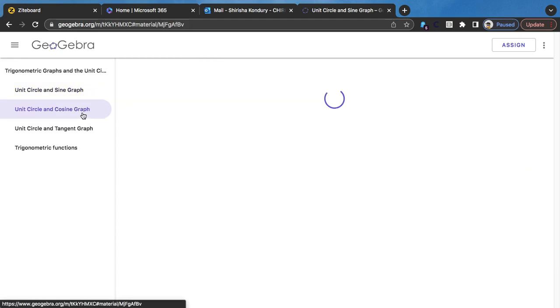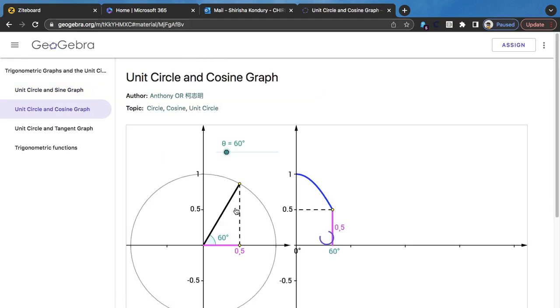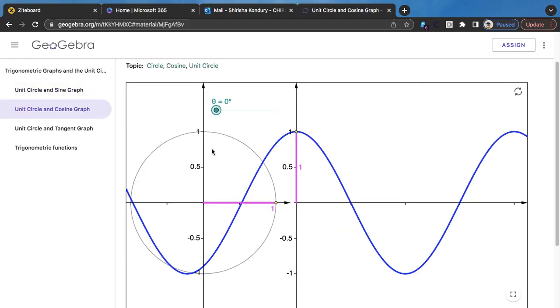Let's look at the cosine graph. Cosine, how is it defined? Adjacent side upon hypotenuse. So keep looking at the adjacent side of the triangle now. So adjacent side is first going on decreasing. It starts with the maximum, and then it goes on decreasing till at 90 it reaches 0.